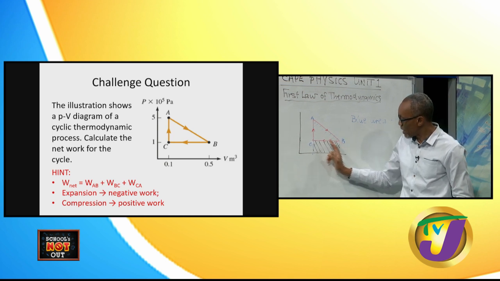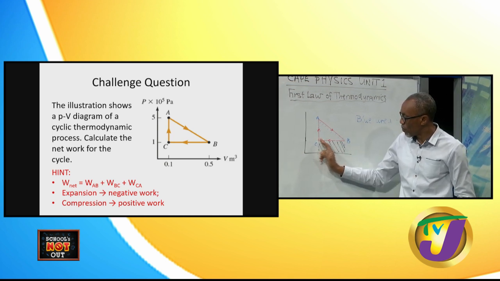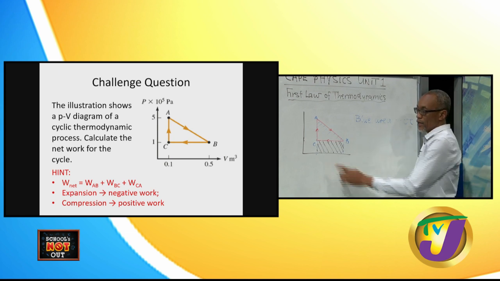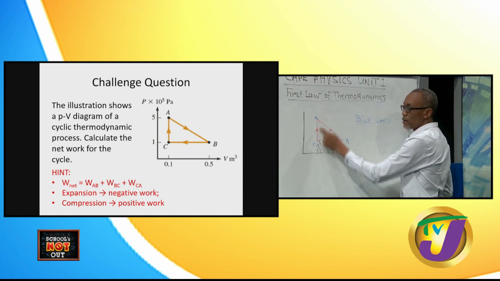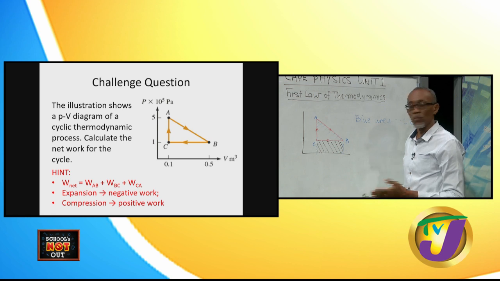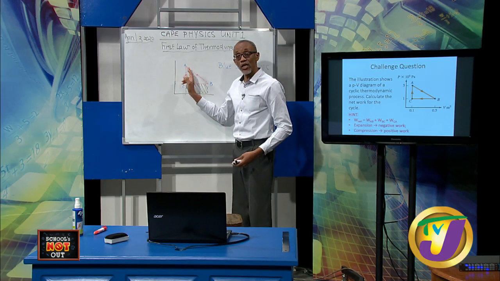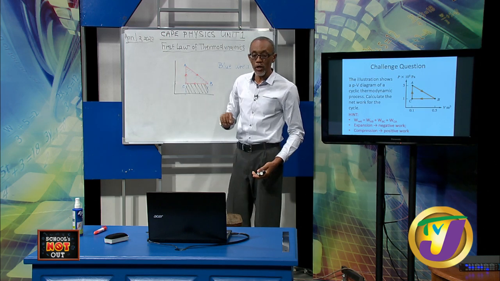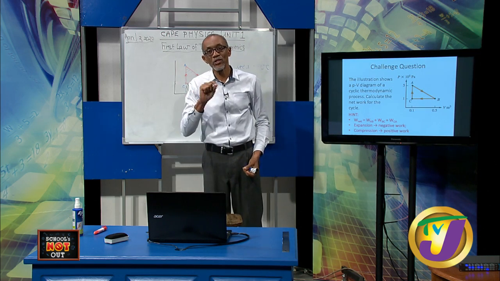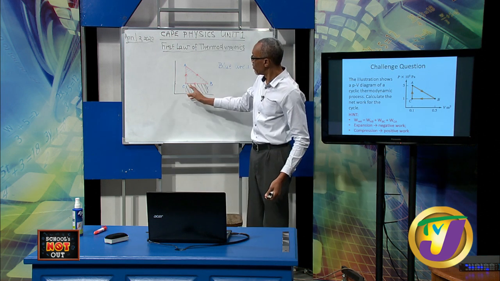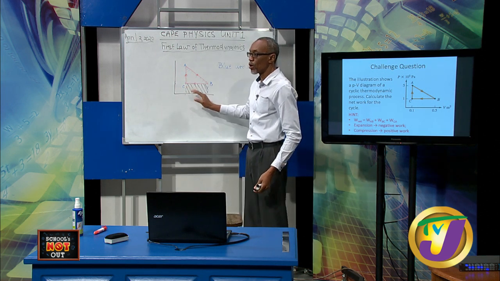It's moving from a larger volume to a smaller volume. Now, from C to A, there is no work done because the volume of the gas is not changing. And remember, work done is pressure times change in volume. So if there is no change in volume, there is no work done.